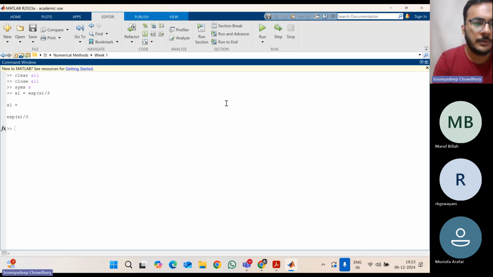Now in code, the solution is given as 1.25, right?